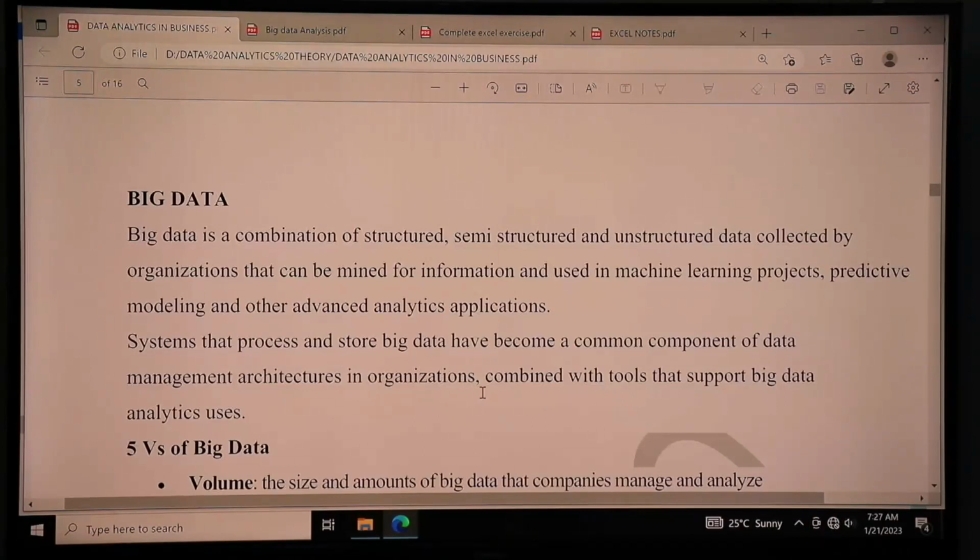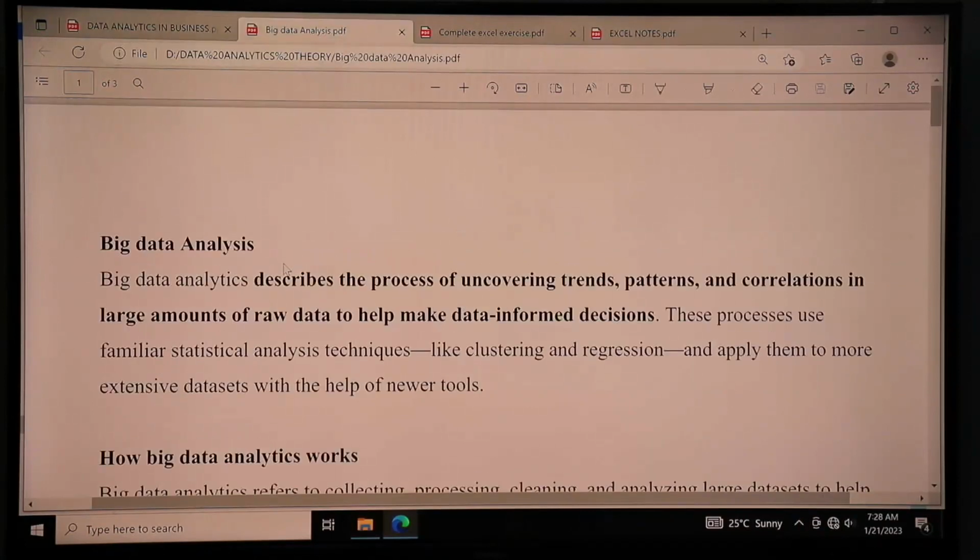Combined with the tools that support big data, you're going to see these tools that allow us to work with big data. Big data analysis describes the process of uncovering trends, patterns and correlations, just like data analytics does, but in relation to large amounts of raw data, to help make data-informed decisions.